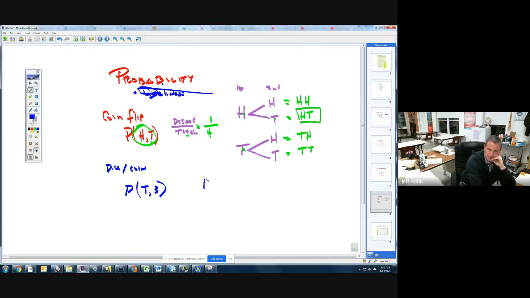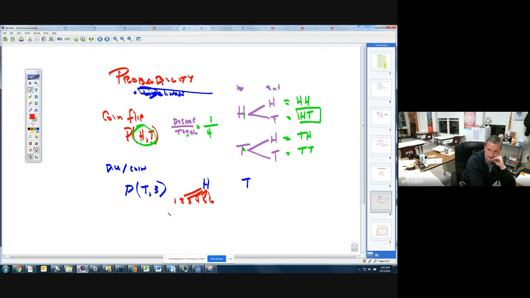For your first event, you could flip a head or you could flip a tail. And then for your second event, off of each one of them, you could either roll a 1, a 2, a 3, a 4, a 5, or a 6. So head 1, head 2, head 3, head 4, head 5, head 6.